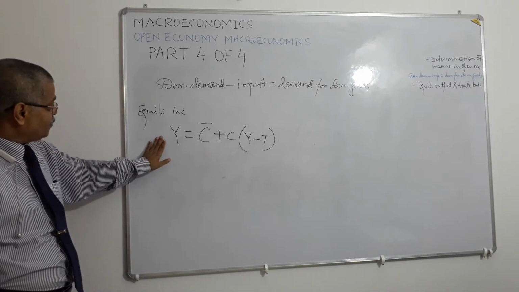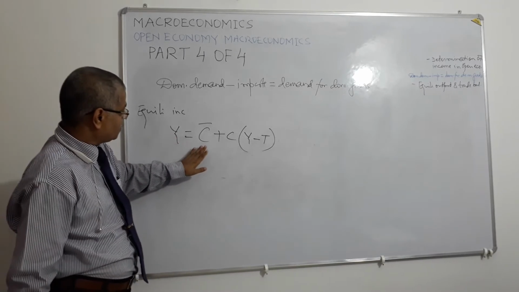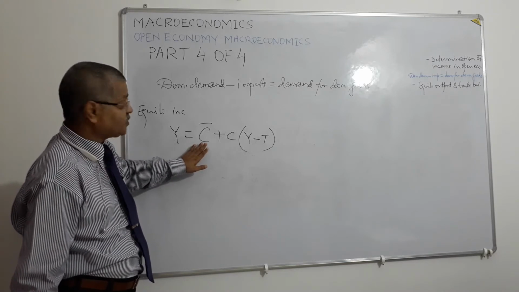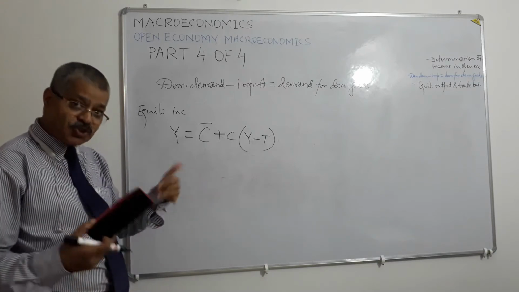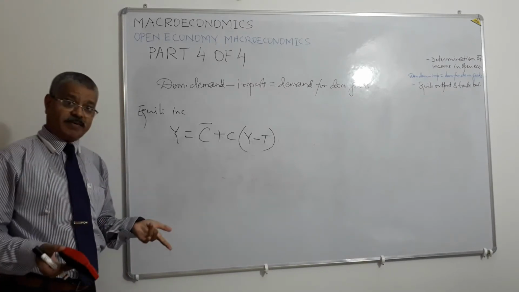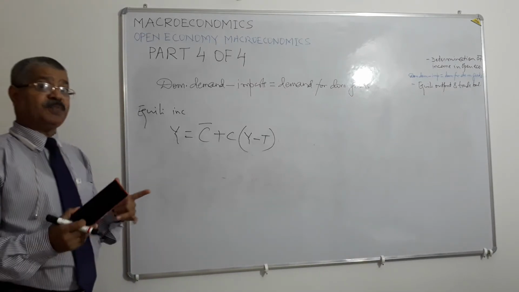So equilibrium income is equal to autonomous expenditure on consumption, that expenditure which needs to be spent for survival, sustenance, irrespective of income.